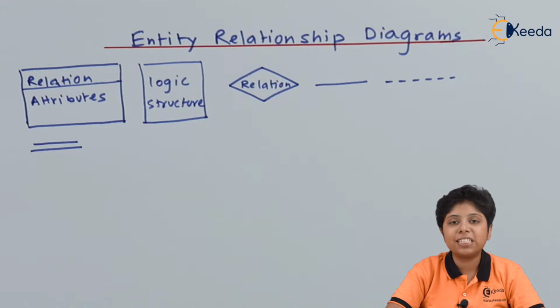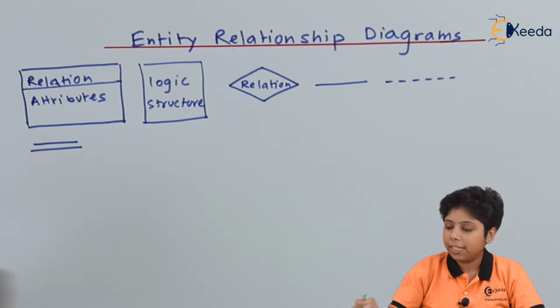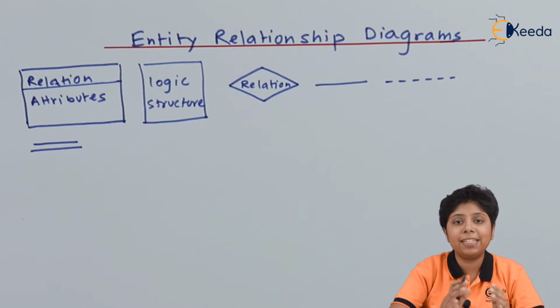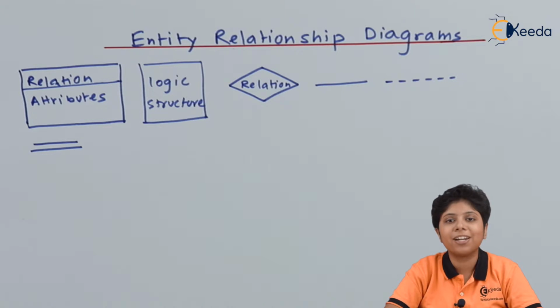Now when there is a double line, we can say that there exists a total participation from the entity in the relationship. That means the total entity is the entire relation. If a university is the enterprise we are talking about, then it gives us study.